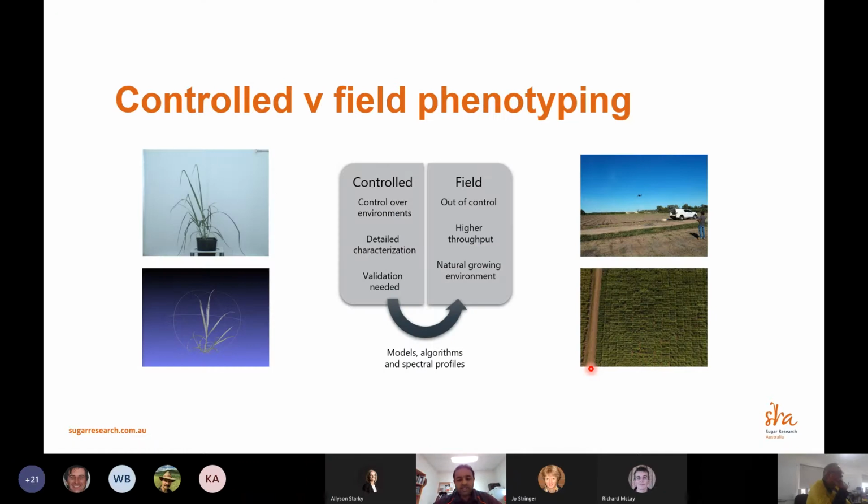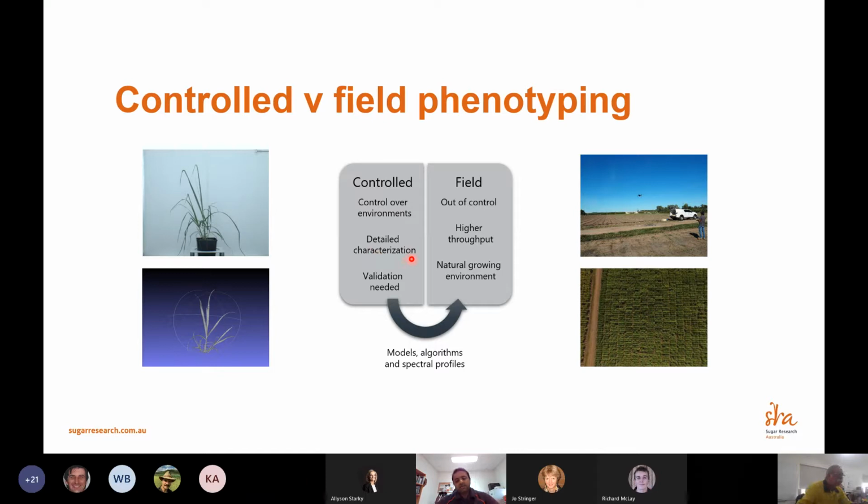Now, phenotyping can be broadly classified as under controlled environments or under field environments. Controlled environments means that you have complete control of the environment. You can control all the environmental variables in a chamber such as these and have one variable that's changing, and you could have the plant characterized for that particular environmental variable in a detailed way.